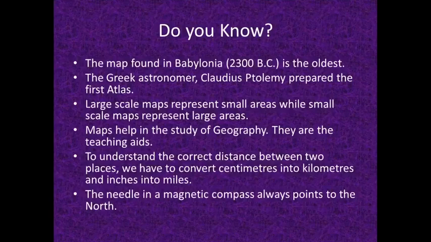Do you know the map found in Babylonia 2300 BC is the oldest? The Greek astronomer Claudius Ptolemy prepared the first atlas. Large-scale maps represent small areas, while small-scale maps represent large areas.